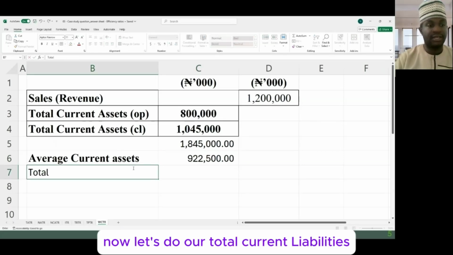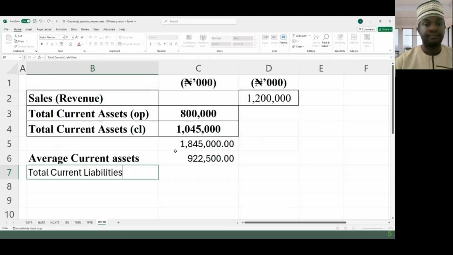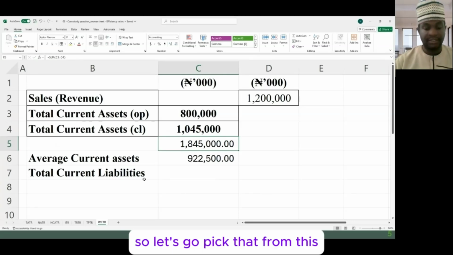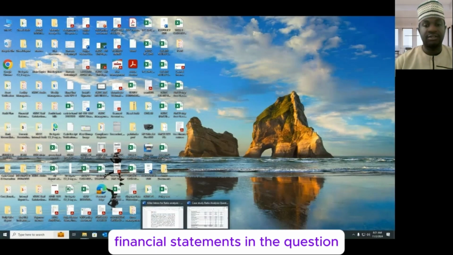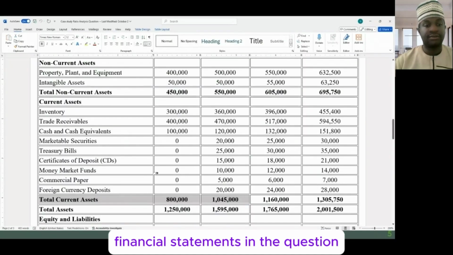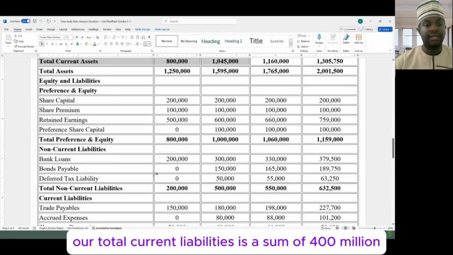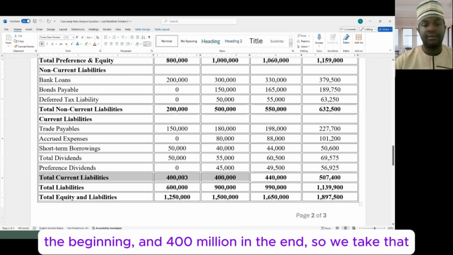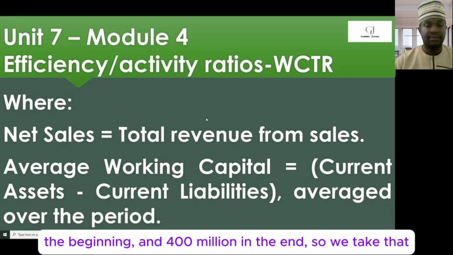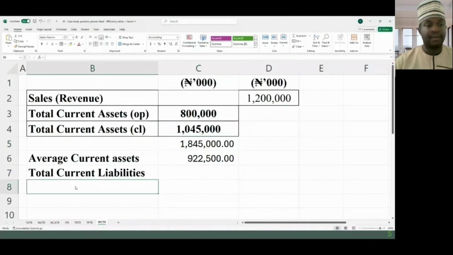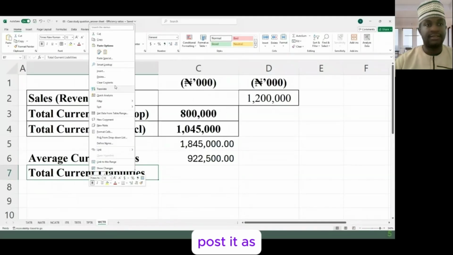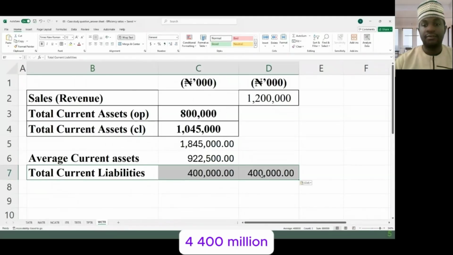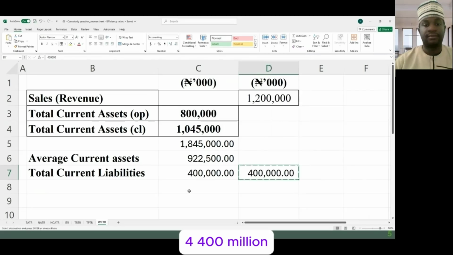Now let's do our total current liabilities. So let's go pick that from the financial statements in the question. Our total current liabilities is 400 million at the beginning and 400 million in the end. So we take that and post it as 400 million.